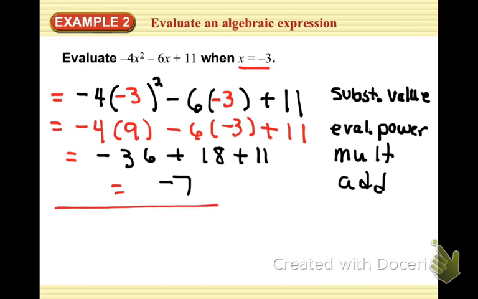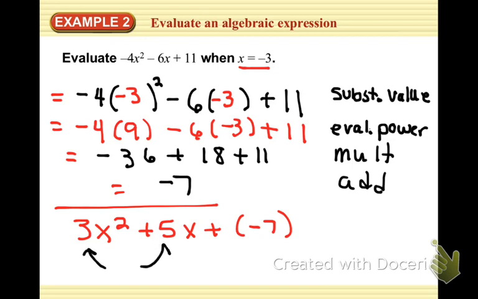Okay, home stretch. If you are given 3x squared plus 5x plus -7, we can identify the different terms. So terms are separated by addition or subtraction signs.